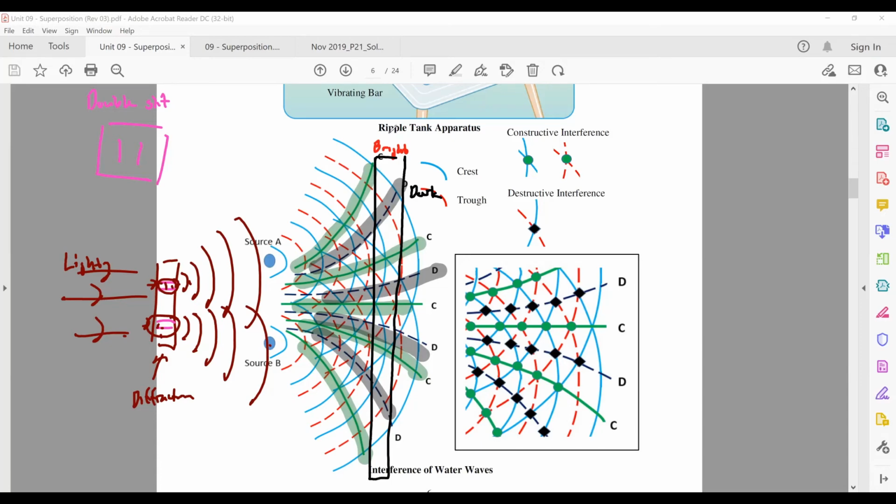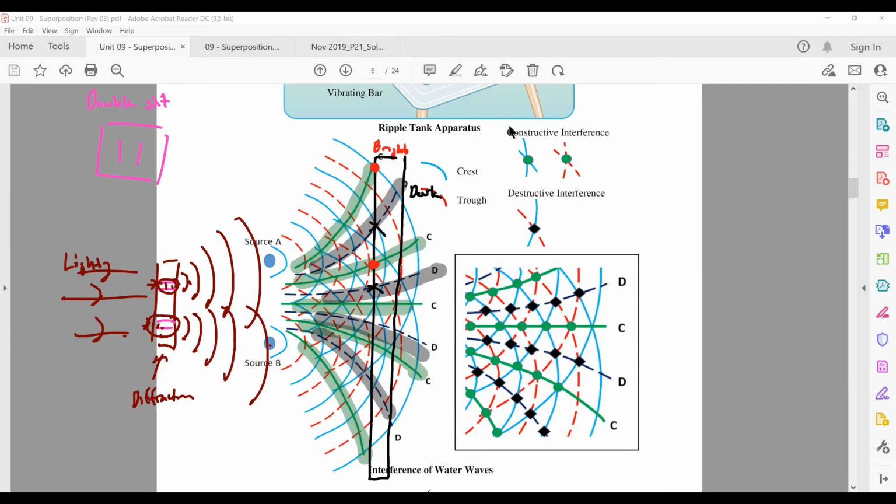Where the constructive interference region hits the screen, you see a bright light here. Where the destructive interference region hits the screen, you don't see anything here. And then similarly, when the constructive interference region hits the screen again, you see another bright light. Where the destructive interference region hits the screen, you see nothing.